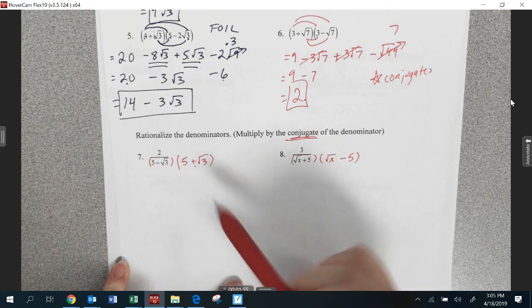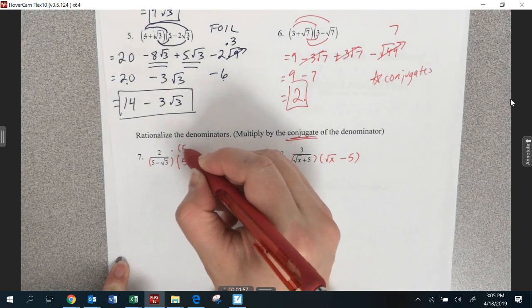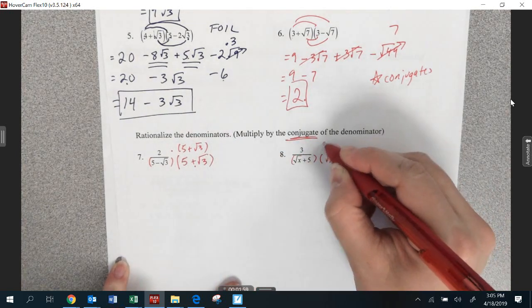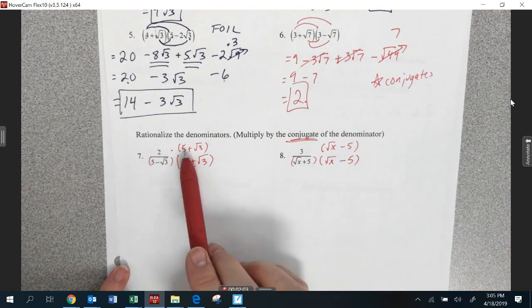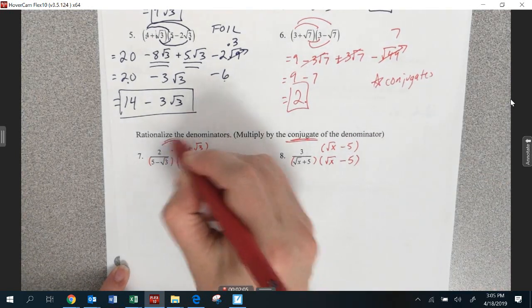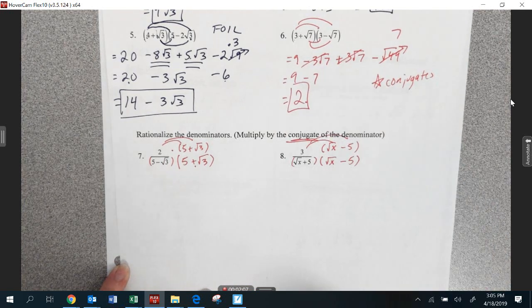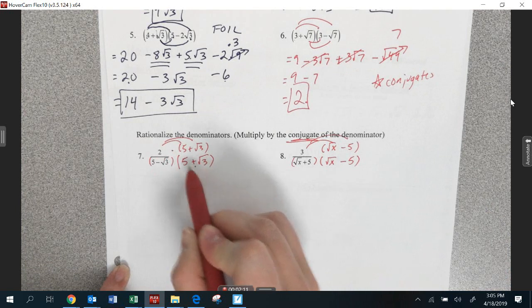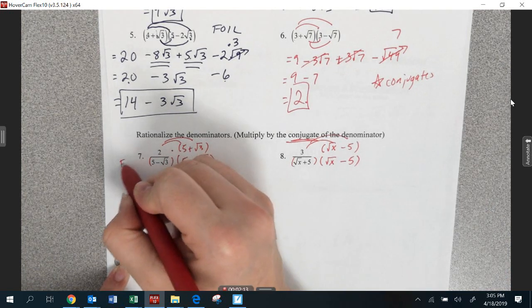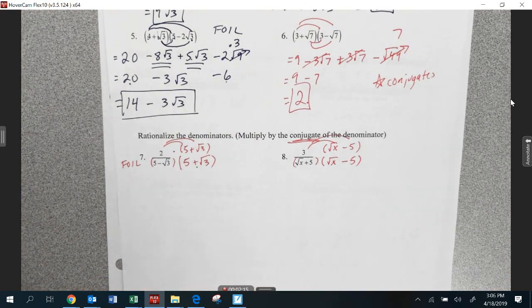Now remember, whatever I do to the bottom, I have to also do to the top. Now on the numerators here, you're going to be distributing to each of those, whereas on the denominator, since you have binomials multiplied by binomials, you're going to be foiling each of those.